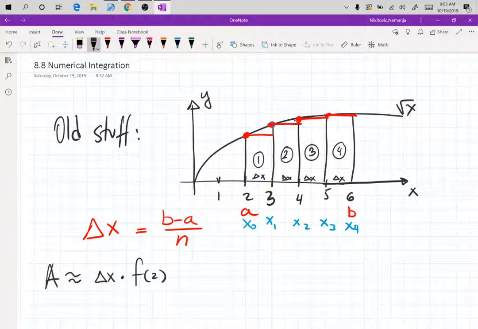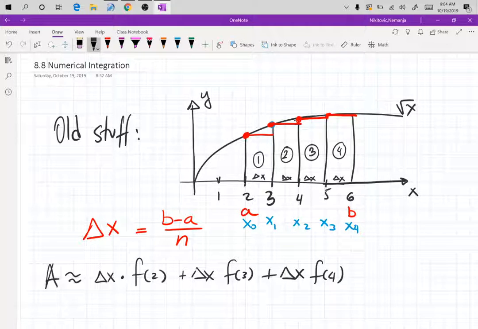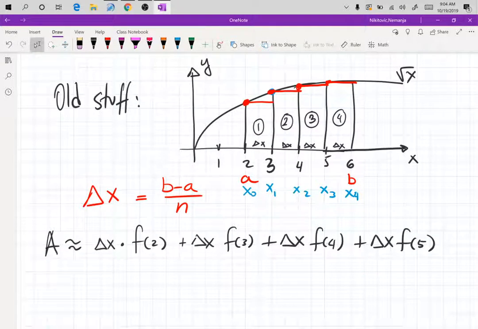And then the width of the rectangle is delta x. So delta x times the height gives us area of the first, plus delta x times f of 3, plus delta x times f of 4, plus delta x f of 5. So this is what you did in Calc 1. And then you plug everything in.